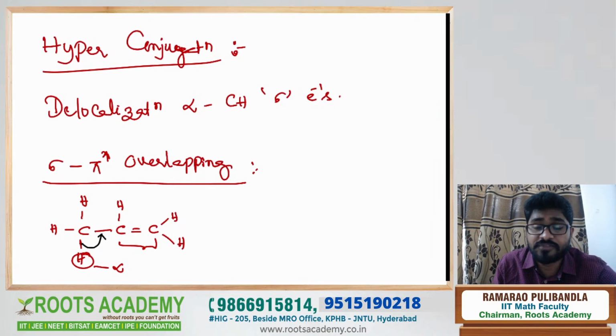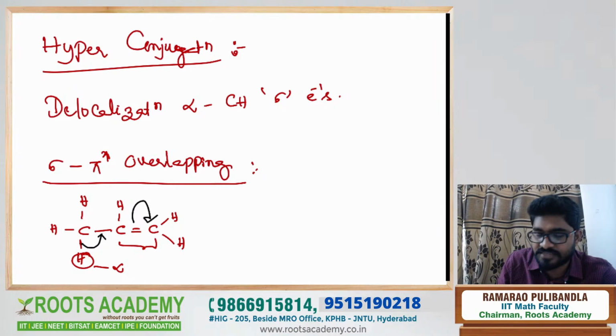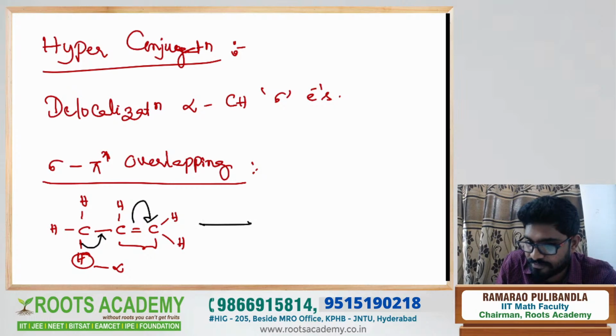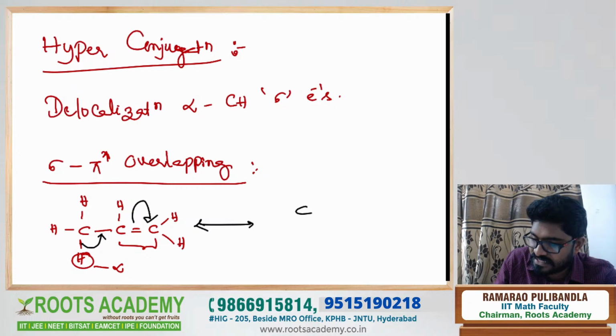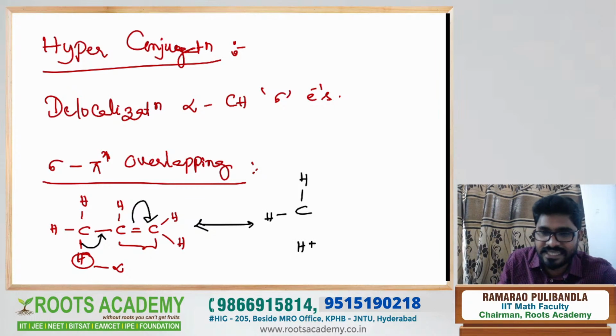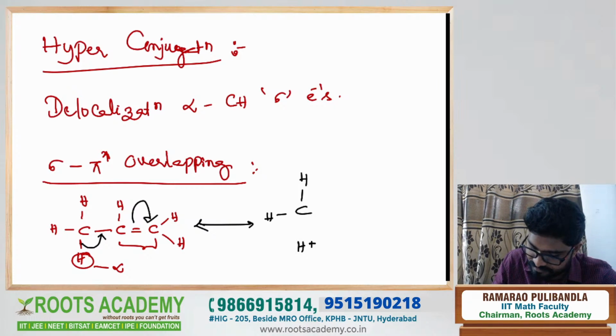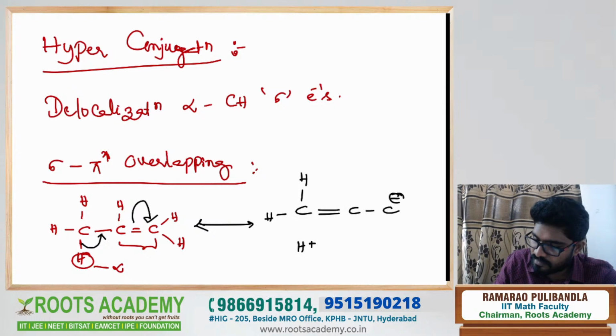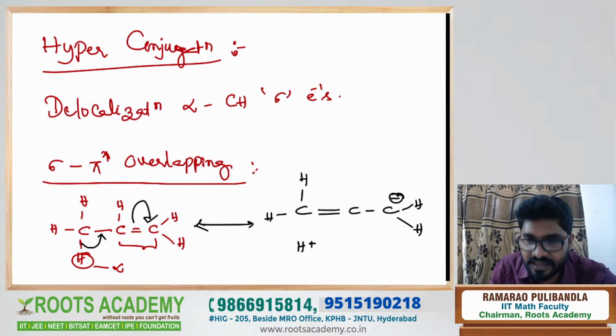Then this carbon would have 5 bonds, so these electrons will shift to that carbon atom. Then what structure do we get? Here the hydrogen stays without bonding, and the remaining structure is a double bond C with a minus charge.